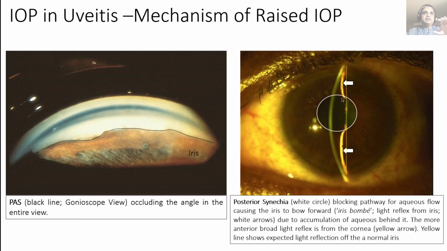It is the posterior synechiae between the iris and the lens that stops the flow of aqueous. Remember, the aqueous comes from the posterior chamber to the anterior chamber between the lens and the iris. It can't do that now because the lens and iris are stuck to one another. It's accumulating all behind the iris, pushing the iris forwards, causing the light reflex of the iris to be convex forwards rather than flat. This light beam is obviously coming off the cornea.